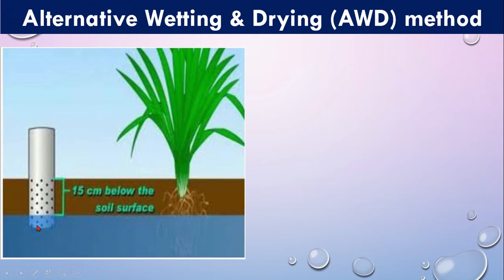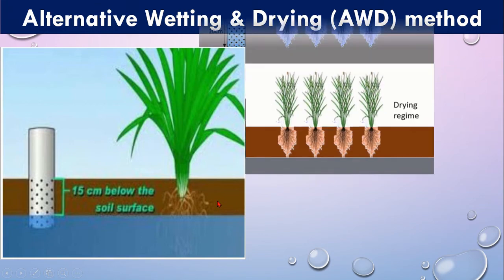When you see that the water goes down 15 centimeter below the soil surface, that means the root zone is nearly finished, because the plant takes up nutrients and water with the help of the root system. So you see, this is the root zone. That means after 15 centimeter the root zone is nearly finished. So when the water goes down 15 centimeter below, at that time you have to apply water again.